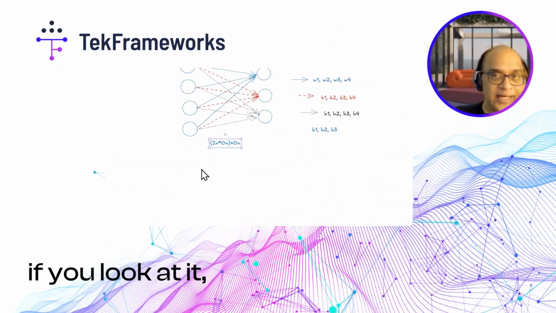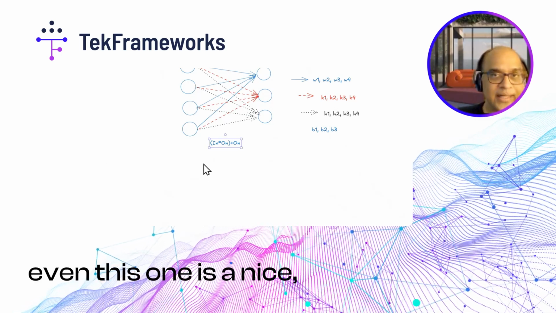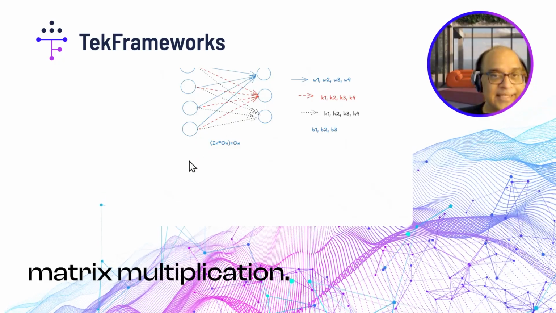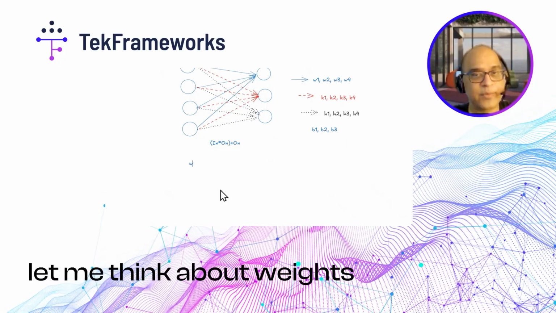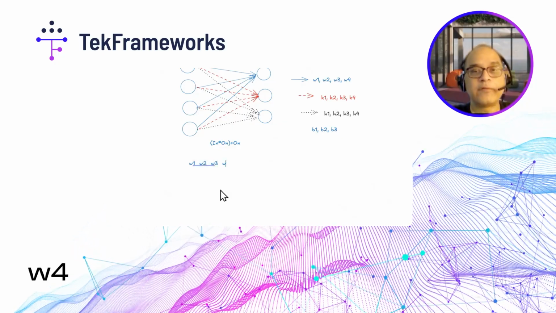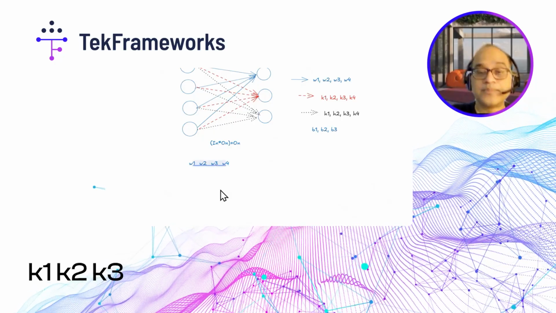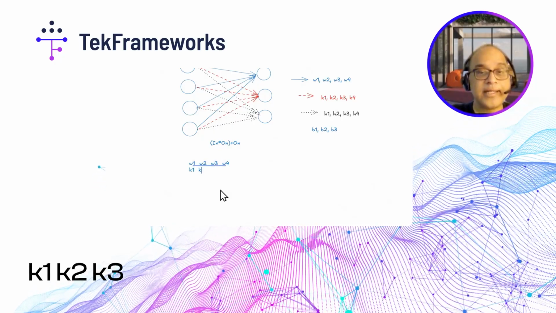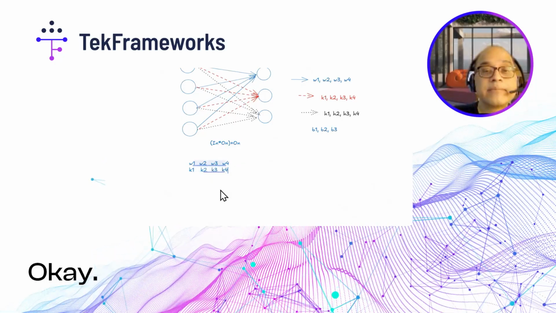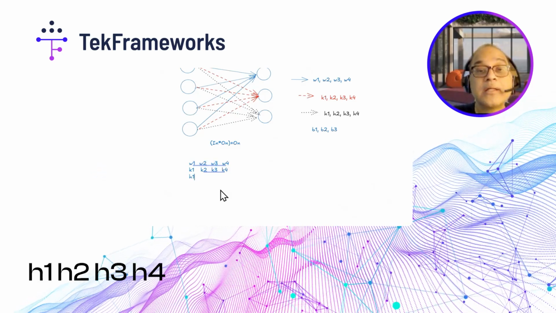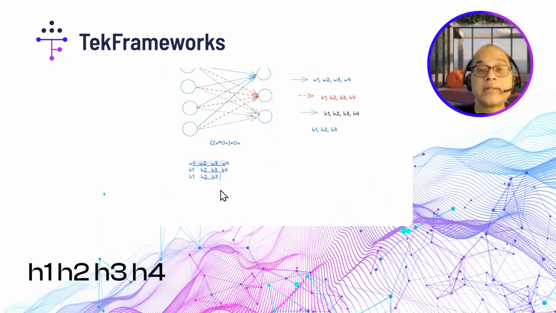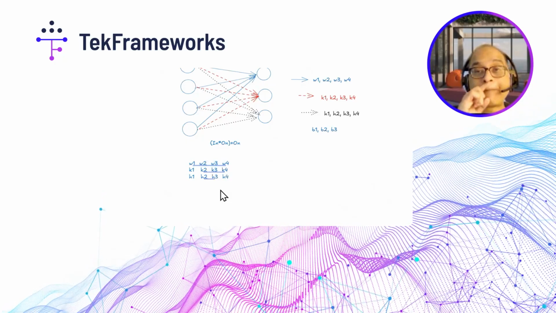If you look at it, even this one is a nice matrix multiplication. Again, let me think about weights W1, W2, W3, W4, K1, K2, K3, K4, H1, H2, H3, H4.